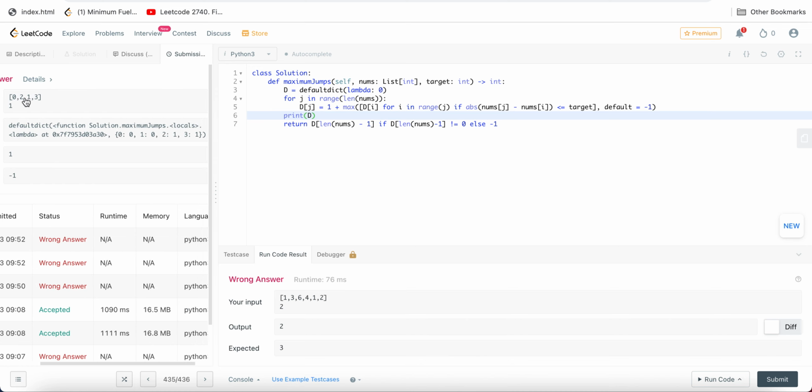0 should be 0, 1 should be 0, 2 should be 1, 3 should not be 1, 3 should be 0. Because nothing can get here except for 1. Right? Only 2 can get to 3.